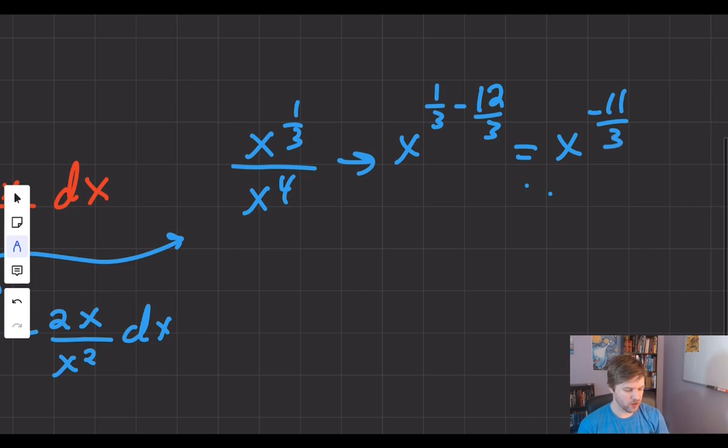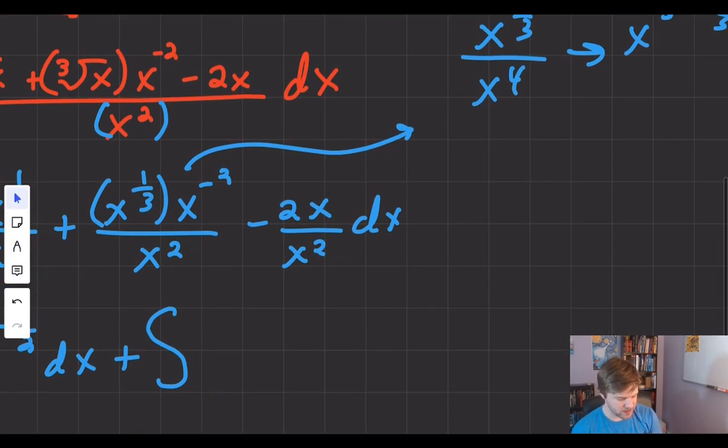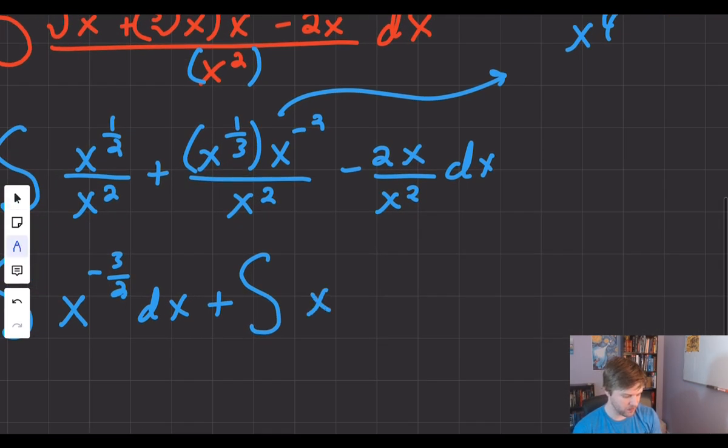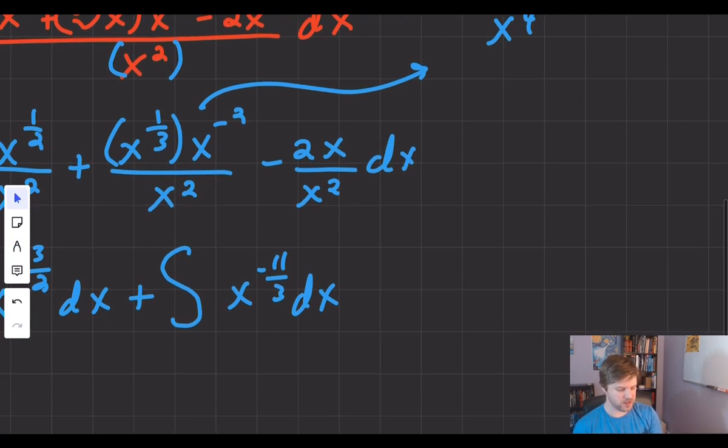So that's what that one becomes, x to the -11/3 dx. And then the last one here, you see this -2, so I'm going to take that out. That becomes -2 times the integral of, those cancel, and that gives me 1/x dx.